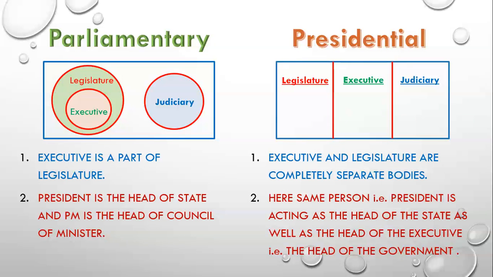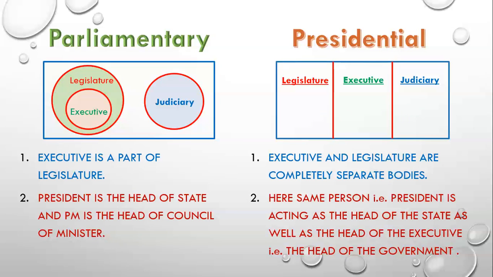Now friends, representative democracy or indirect democracy can be of two types: parliamentary form of democracy or presidential form of democracy, or parliamentary form of government or presidential form of government. So what is the basic difference between the two? In the presidential form of government, all three organs of the government are totally separate.